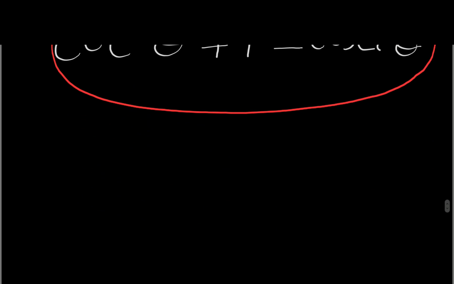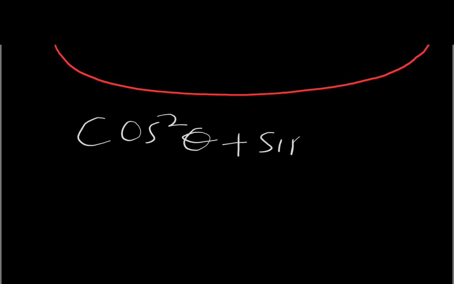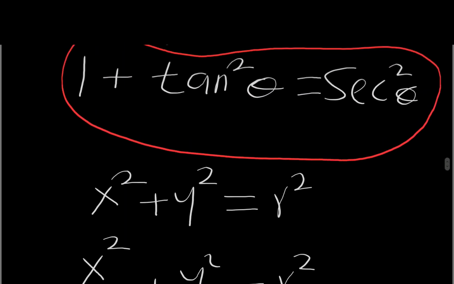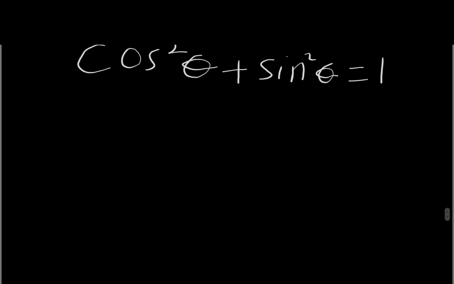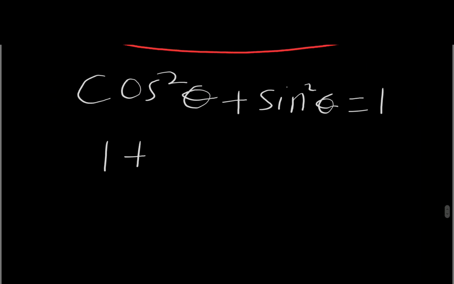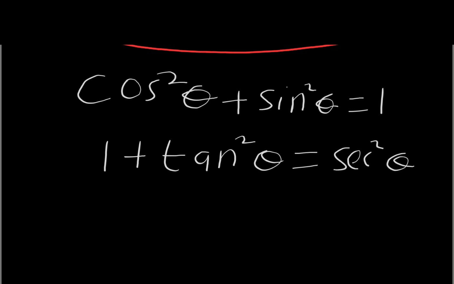So we are able to prove these identities. 1, cos squared theta plus sine squared theta is equal to 1. And we also prove that 1 plus tan squared theta is equal to sec squared theta.